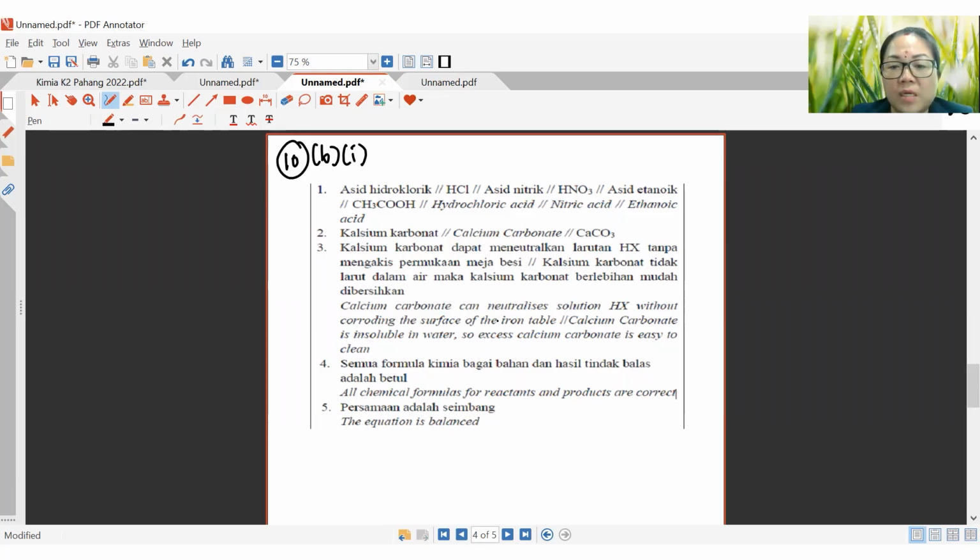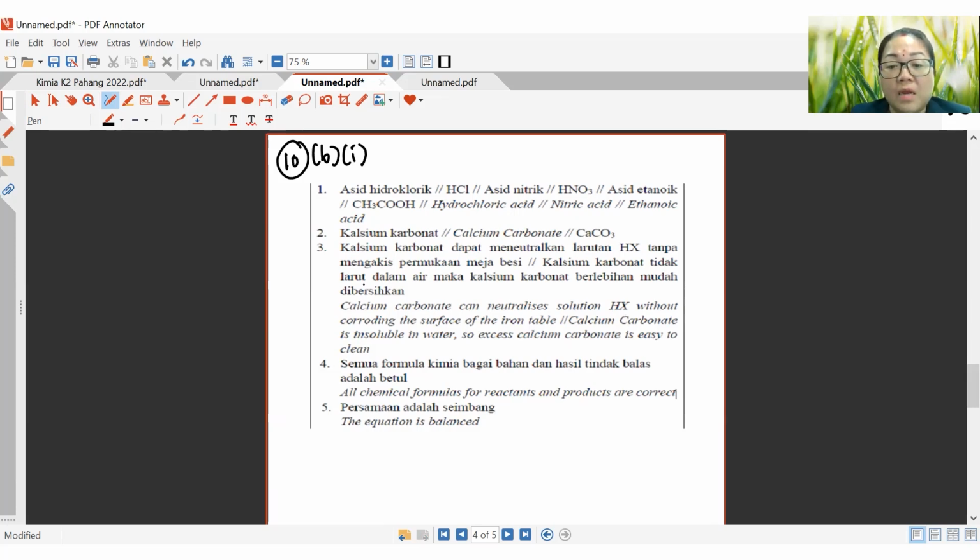Because calcium carbonate can neutralize the solution HX without corroding the surface of the iron table. I think you all should know that when a metal carbonate reacts with acid, it will form carbon dioxide and water, which is also a form of neutralization. That means it does not corrode the surface.